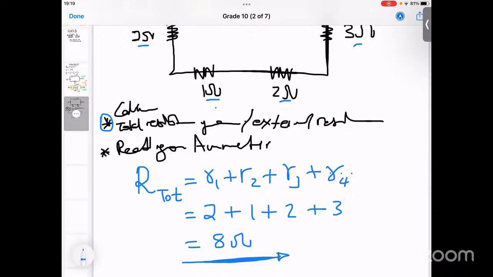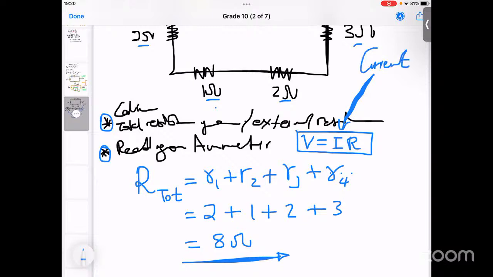Let me jump on to the next one, which says the reading on the ammeter. You must always know that this is where you will use the formula V is equal to IR. Always, when they want you to calculate the reading on the ammeter, it is actually that I, which is the current.